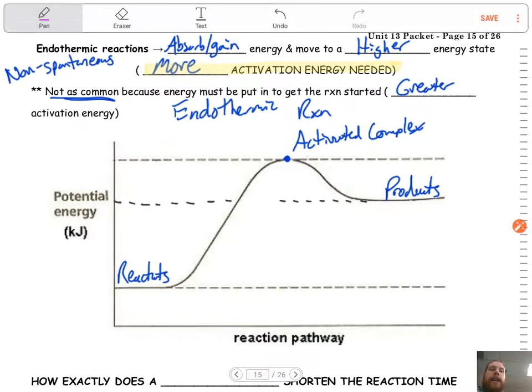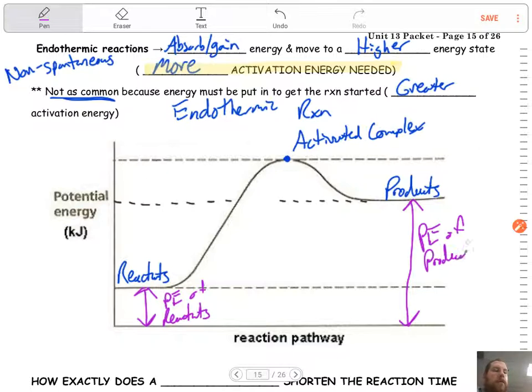Now we can start filling in. So I like to say, hey, this is my PE, or latent energy, of my reactants. This is my potential energy of my products. This right here is going to be my potential energy of the activated complex.